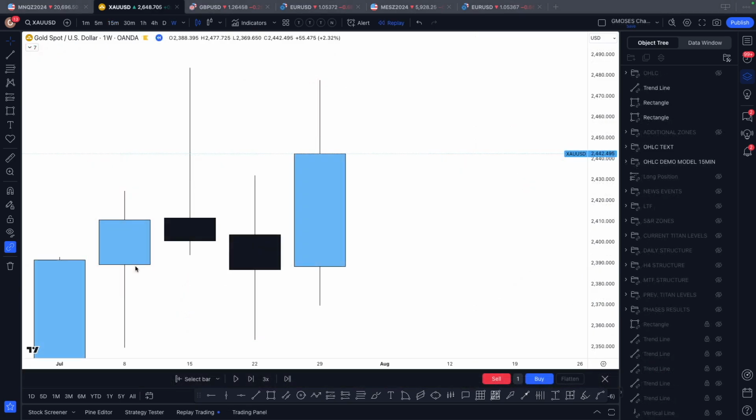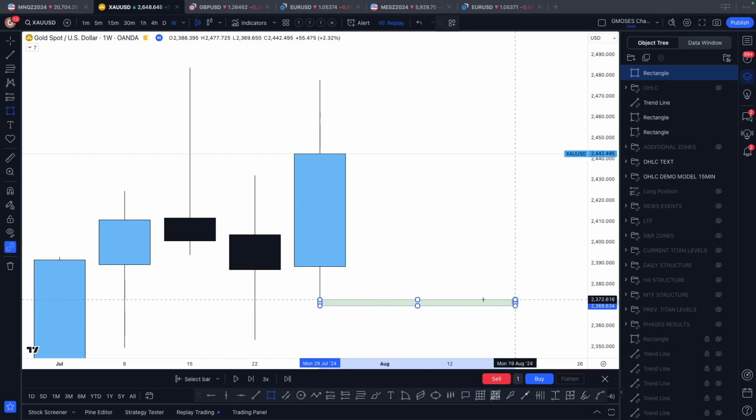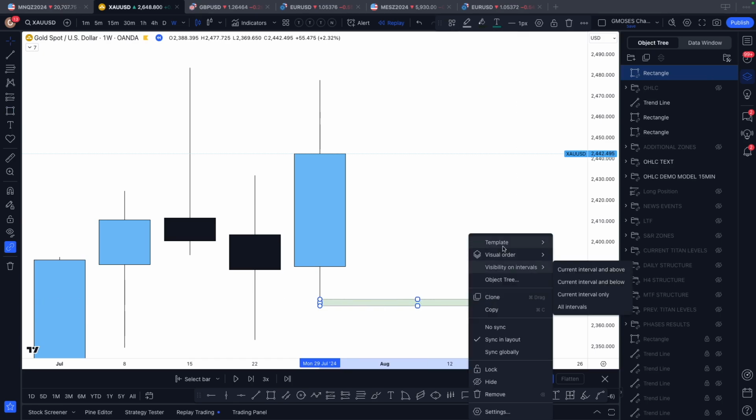All right, you guys, so we're currently on gold and we're on a weekly time frame. This particular strategy can be utilized on the daily if you're intraday trading, or on the weekly if you're swing trading. So the first thing we're going to do is set up our zones for our OHLC model.